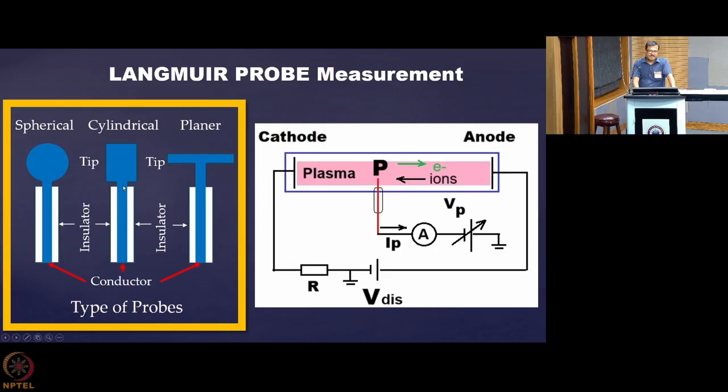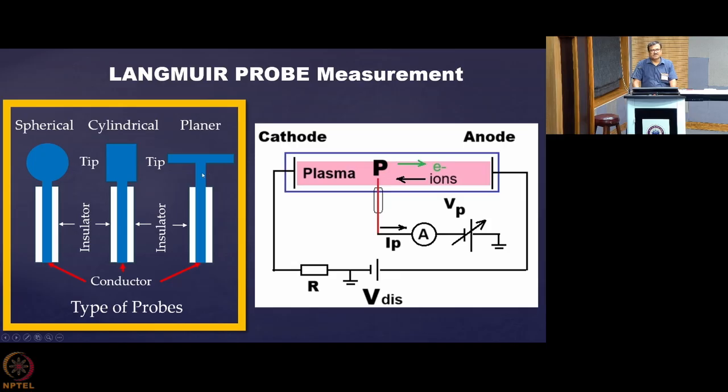Then there is a conducting wire that goes through, and that is surrounded by some insulator. Now these are the types of probes. This is a planar probe, this is a cylindrical probe, and this is a spherical probe.